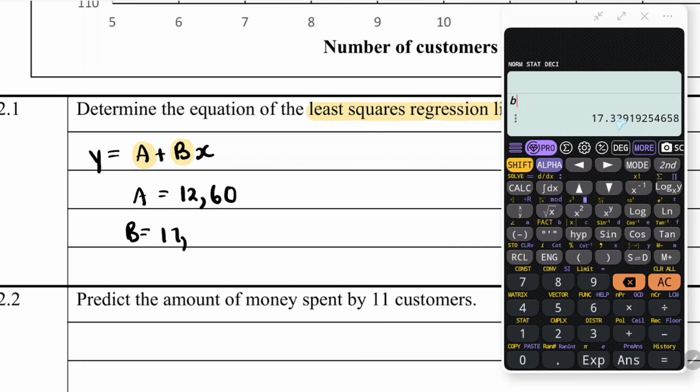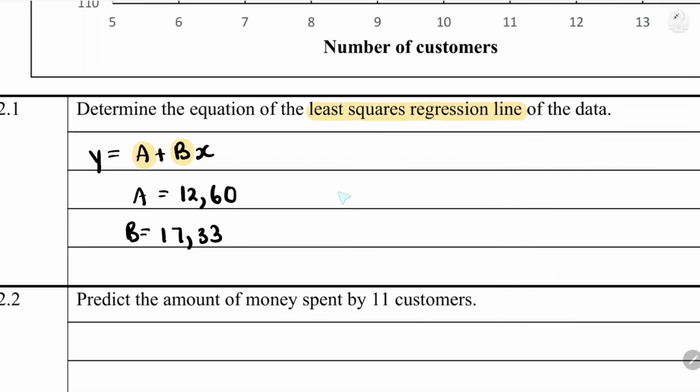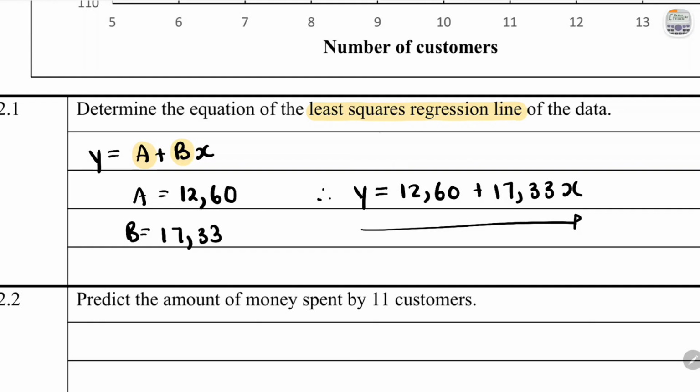That 9 is going to round that 2 up to a 3. So it's going to be 17.33. Okay, so the equation of our least squares regression line is therefore Y equals 12.60 plus 17.33x. And that is our answer.